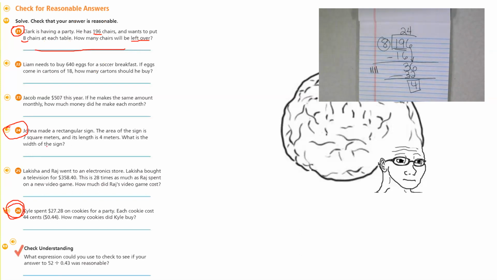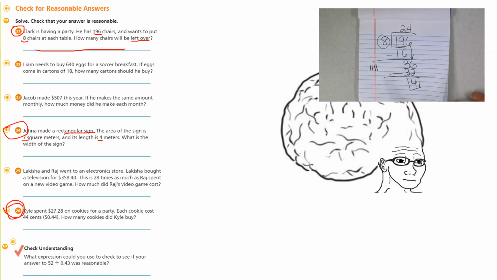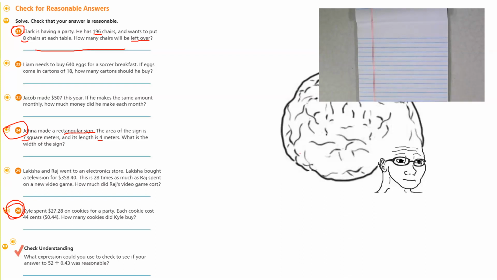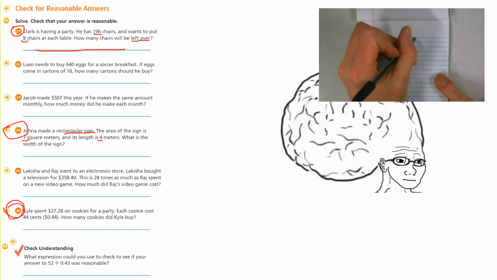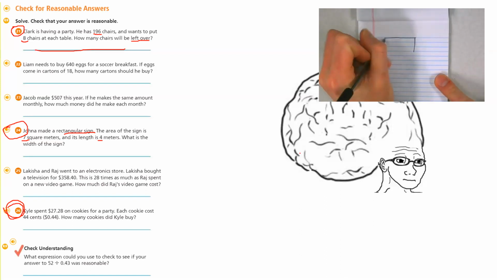Johanna made a rectangular sign. Good job, Johanna. The area of the sign is 7 by 4. What's the width of the sign? Johanna made a wonderful rectangular sign. I always draw pictures for these word problems.